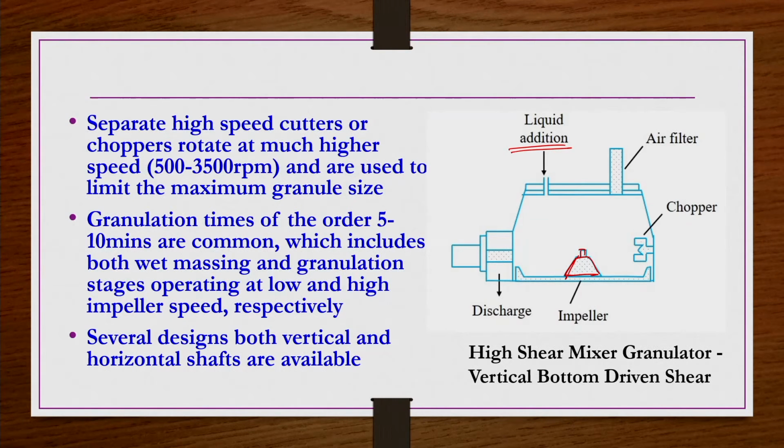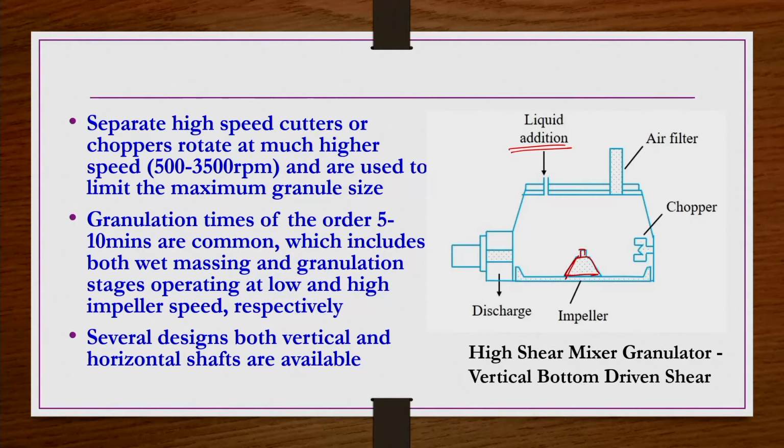Similarly, one can have the impeller at the top, which is still vertical shearing, but the rotation is driven at the top. So that way also it is possible. As mentioned in the previous slide, there are several designs available.